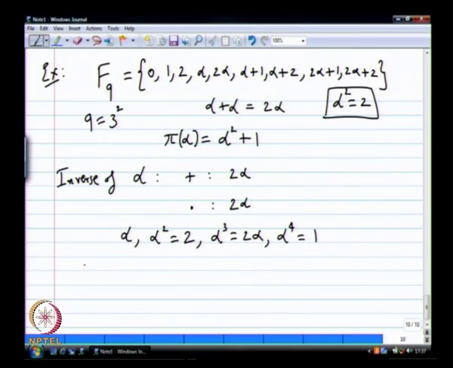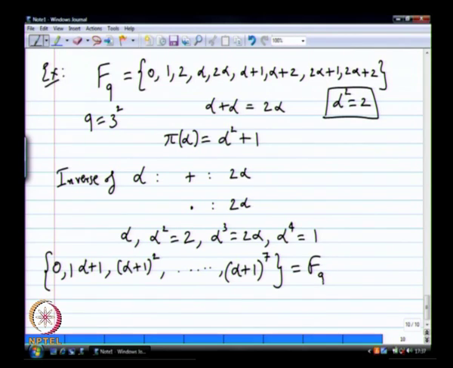plus 1. I think alpha plus 1 will work here. If you take alpha plus 1 and try all its powers, it's a little bit boring to try that. So you try all these powers, I believe you will get 0, 1, and so on.